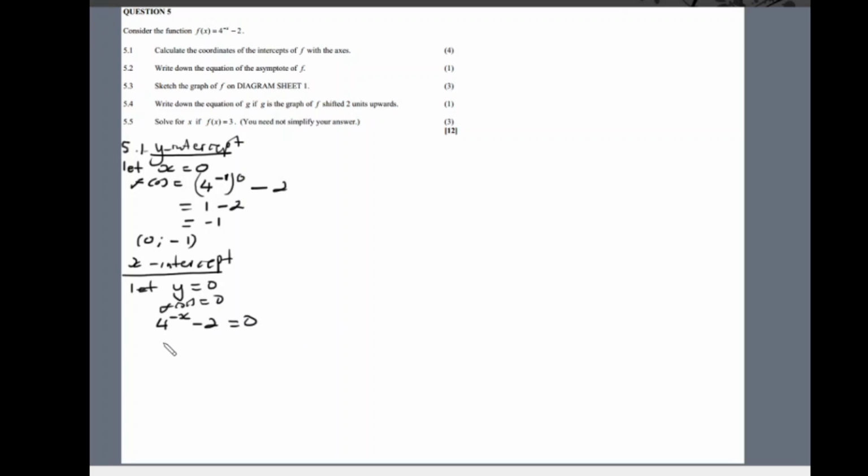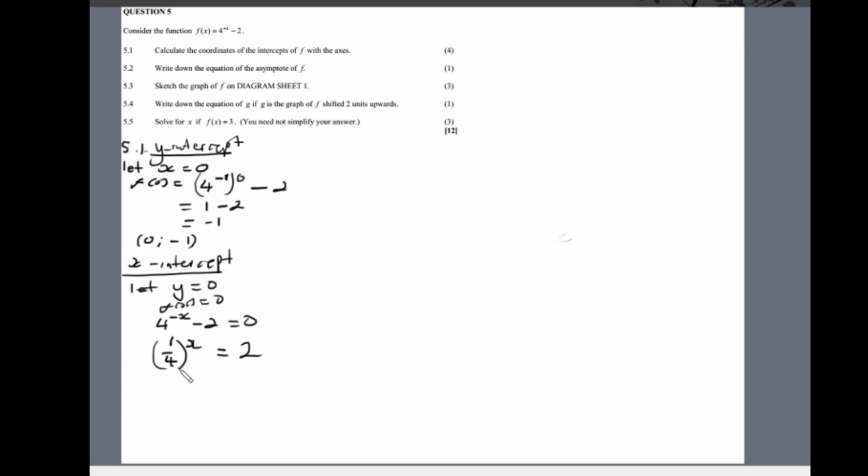So in order to solve for x, I will use the laws of exponents, and I will make this 1 over 4 to the power x, right? 4 to the power minus x is the same as 1 over 4 to the power x, right? I think you all know how we got from there to there, right? So here I will have 1 over 4 to the power x minus 2. I'll take minus 2 to the other side. I'll have 1 over 4 to the power x is equals to 2, right?